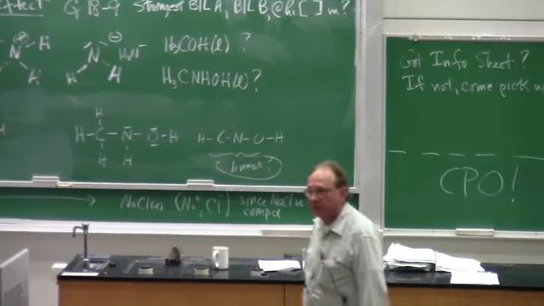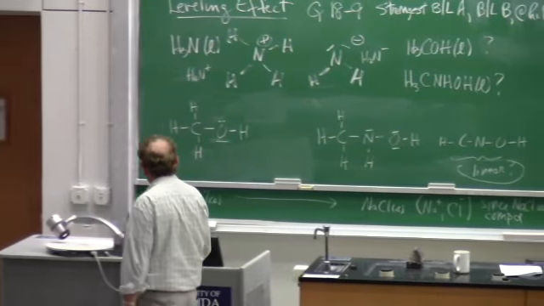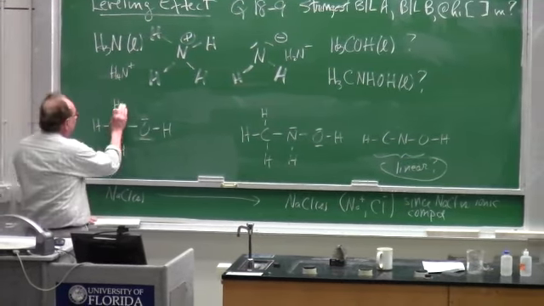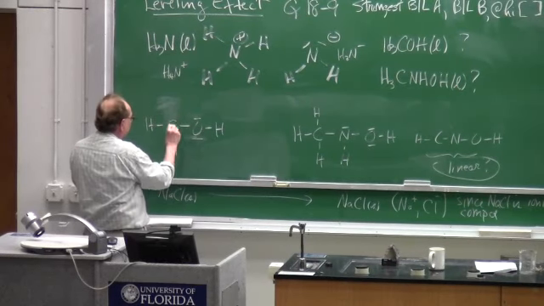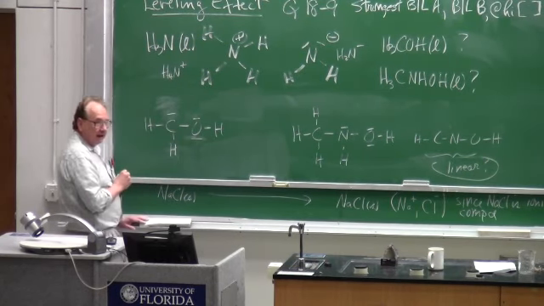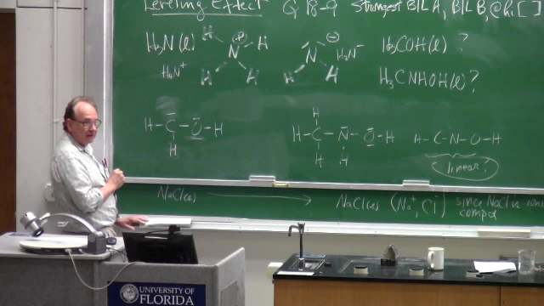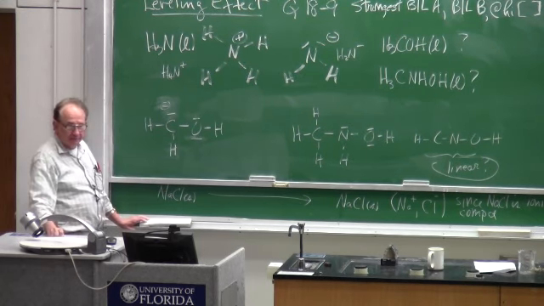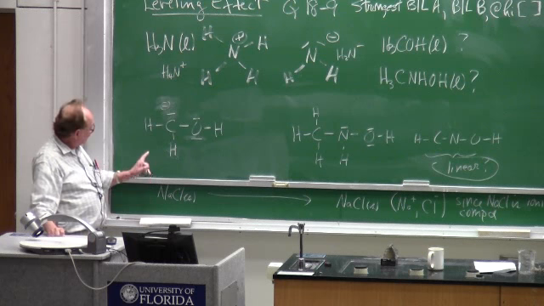So I'm going to now draw 2 pictures. First, we imagine that H leaves as H plus from carbon. That'll leave the previously bonding electron pair as a non-bonding pair on carbon, and in so doing create a minus charge on carbon.